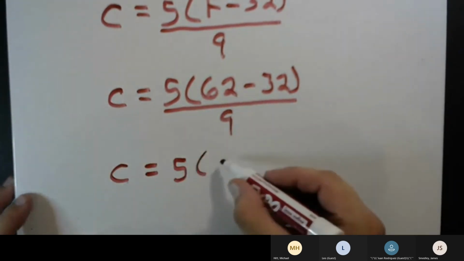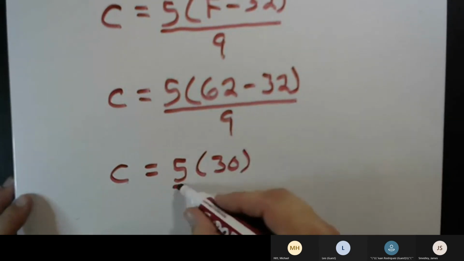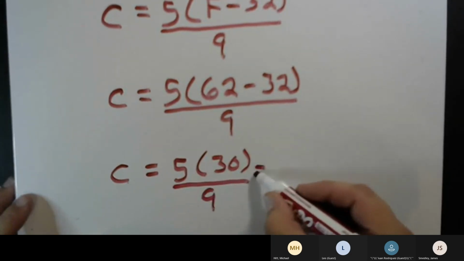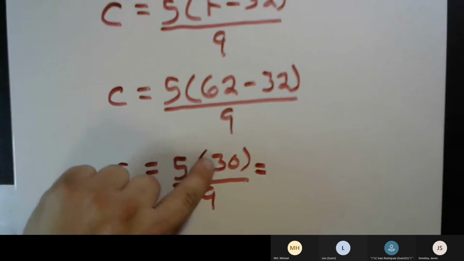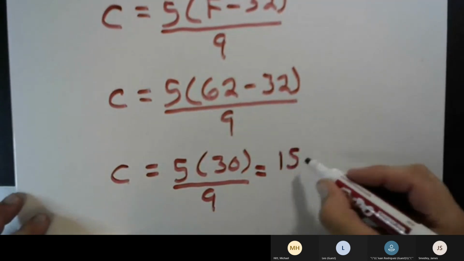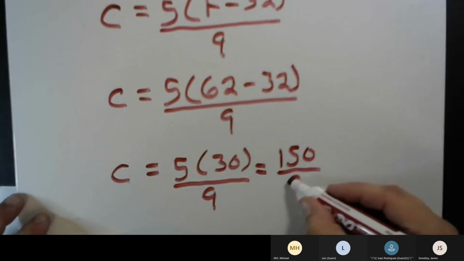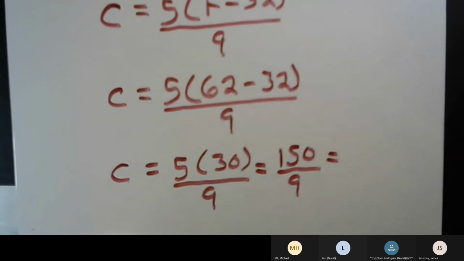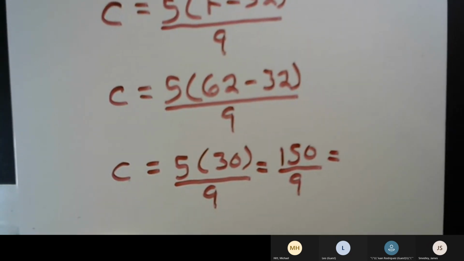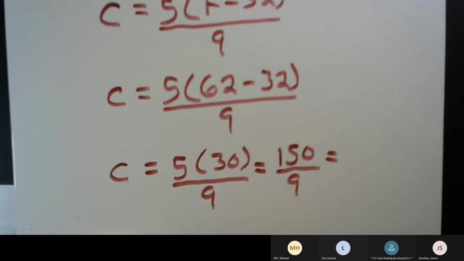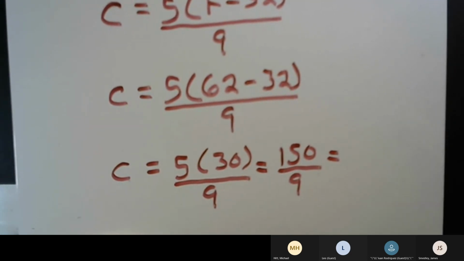62 minus 32 is 30. 5 times 30 is 150. And dividing this by 9, let's see. Grab my little calculator here. We'll get 50 over 3. And we'll give an approximation to this.